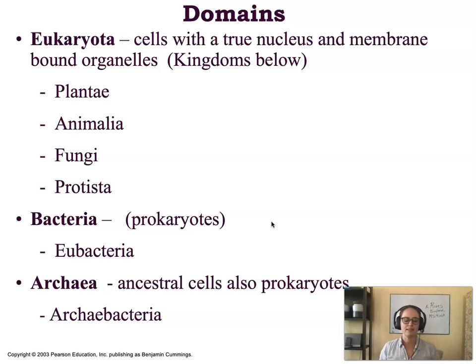That means that the cells in a human body have a true nucleus and lots of membrane-bound organelles. The best way to differentiate that from the other domains of life is to point out that bacteria and archaeobacteria do not have true nuclei. They do not have membrane-bound organelles. All of the contents of the cell are just kind of loose within the cell. It's less differentiated, it's less specialized.